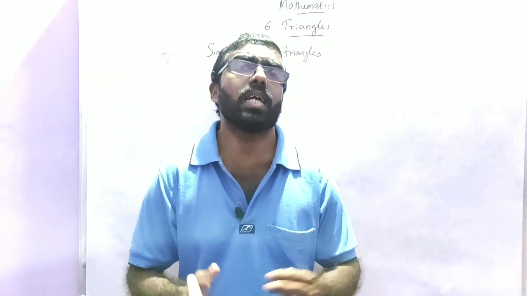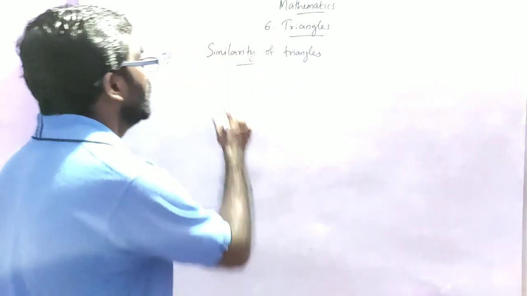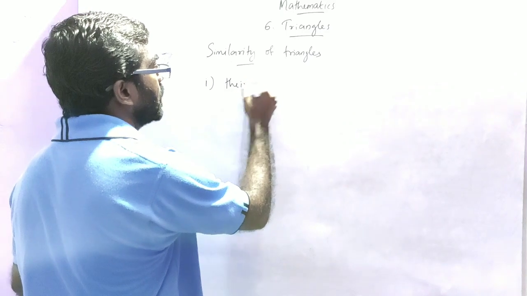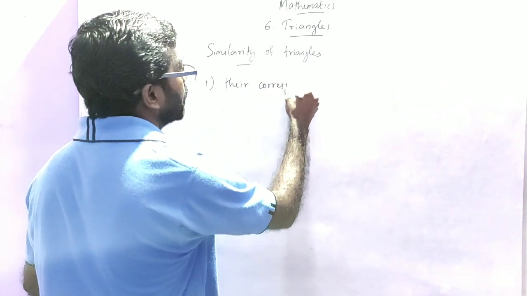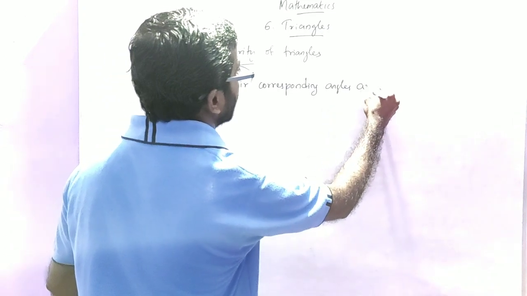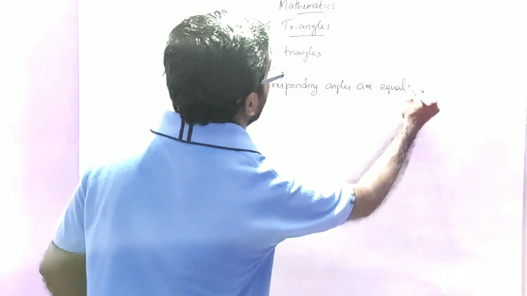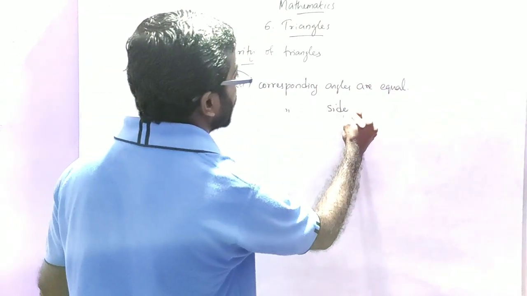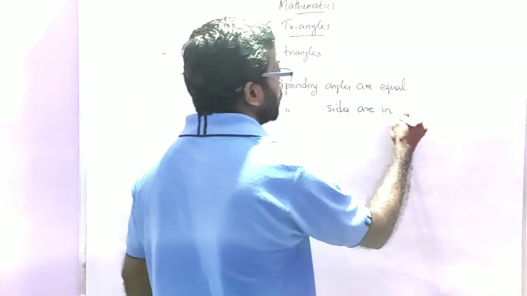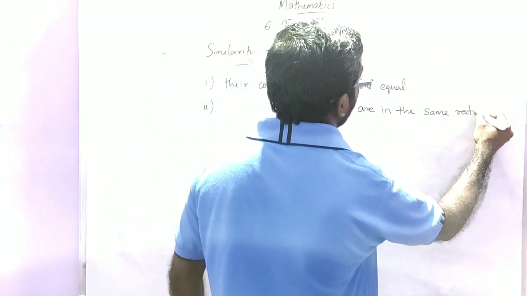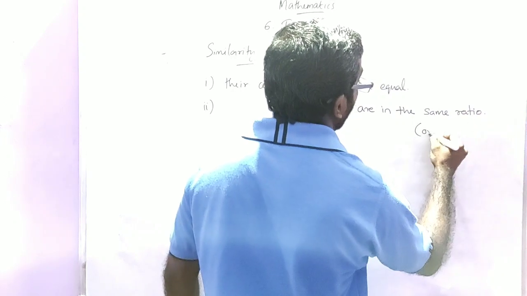Two triangles are said to be similar if their corresponding angles are equal and the second point is their corresponding sides are in the same ratio, or in proportion.